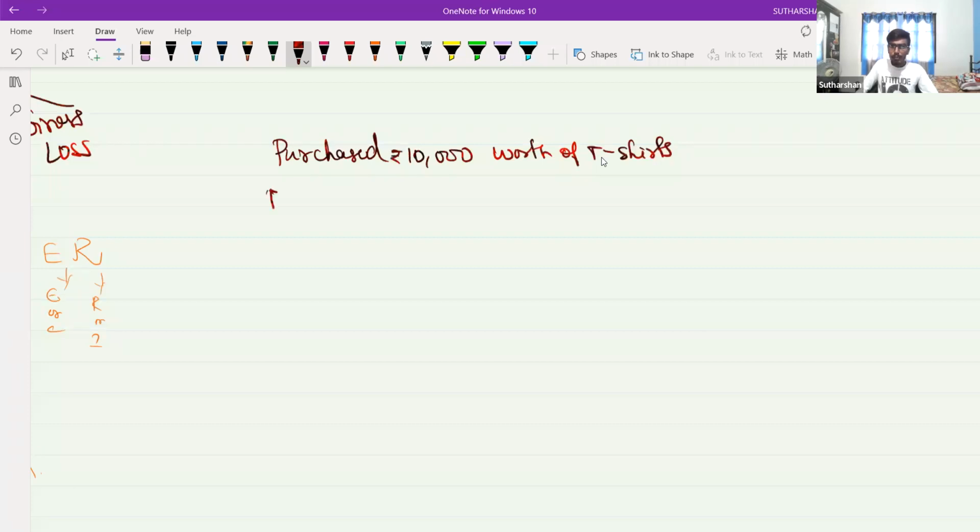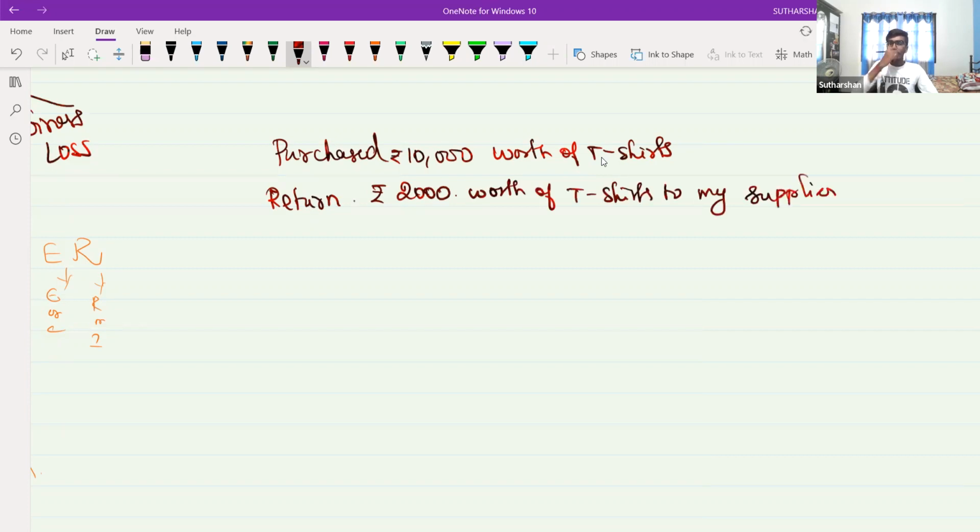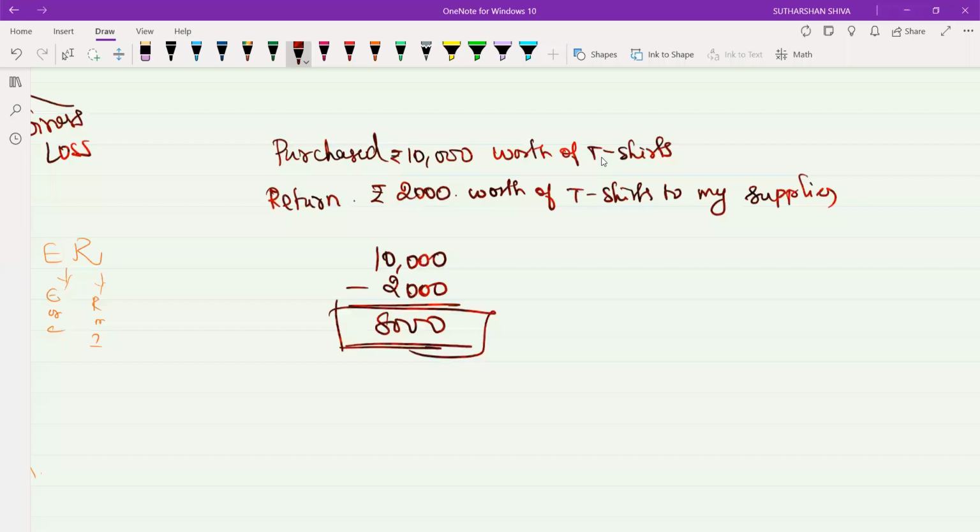I will return some due to damage or any default. I am returning 2,000 rupees worth of t-shirts to my supplier, who supplied to me. So what is my net purchase? 10,000 minus 2,000. Actually, I am purchasing only 8,000. Thus, I need to show it.